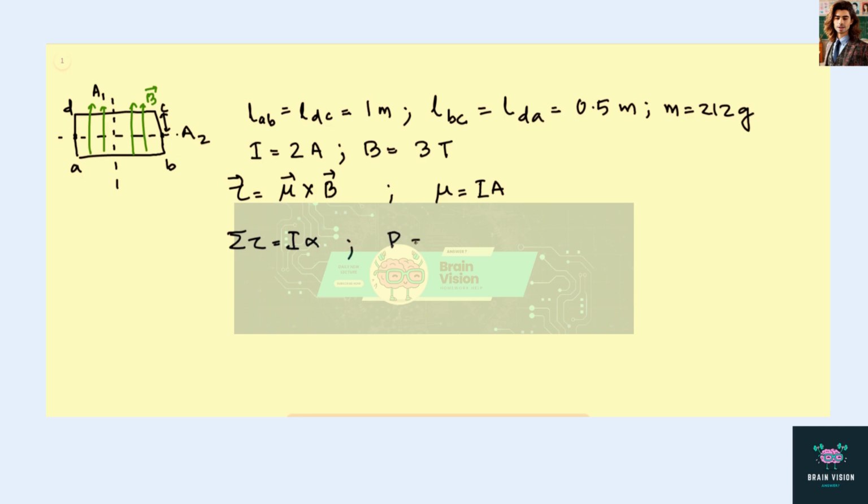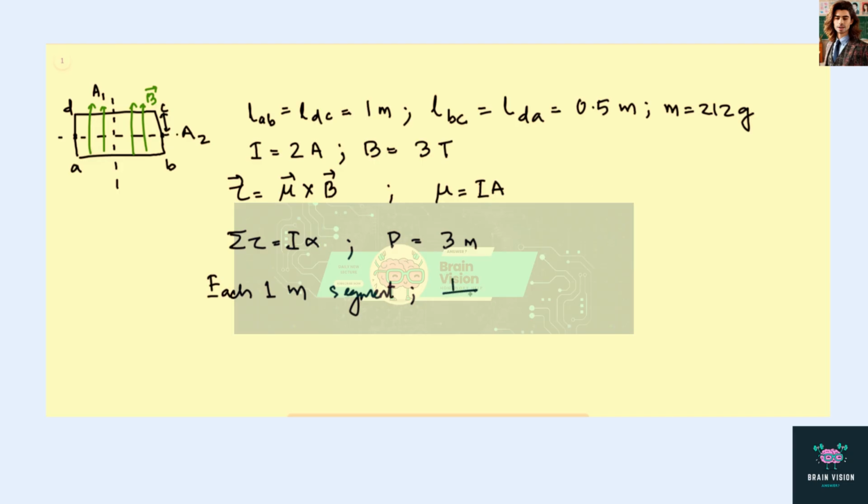The total perimeter is twice this plus this, so that's basically 3 meters. So each 1 meter segment will have one third of the total mass.